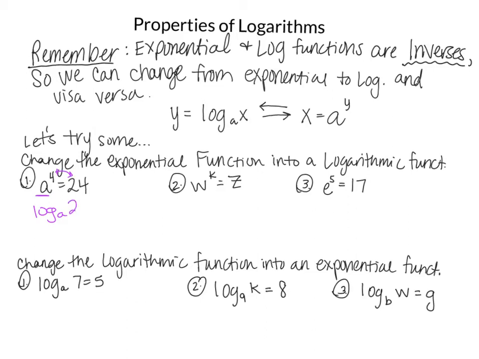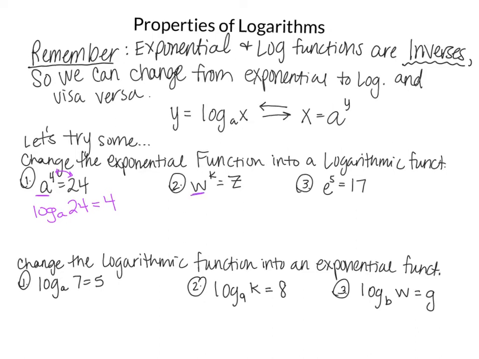So the 24 is going to come on the side of the log, and the 4 will go to the other side of the equal sign. It's just that simple. All it is is switching the x and the y's location and making the exponential's base become the log's base.